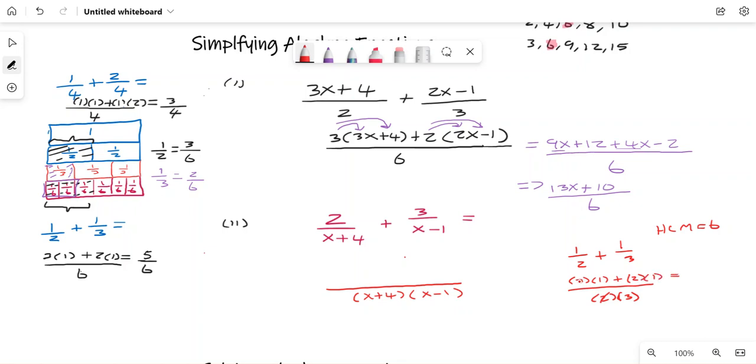So that's going to give us 3 by 1 is 3, 2 by 1 is 2, so that's going to give us 5 over 2 by 3, which is equal to 5 over 6.